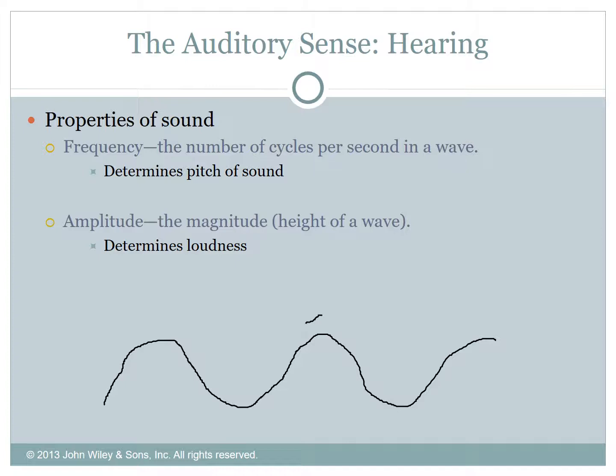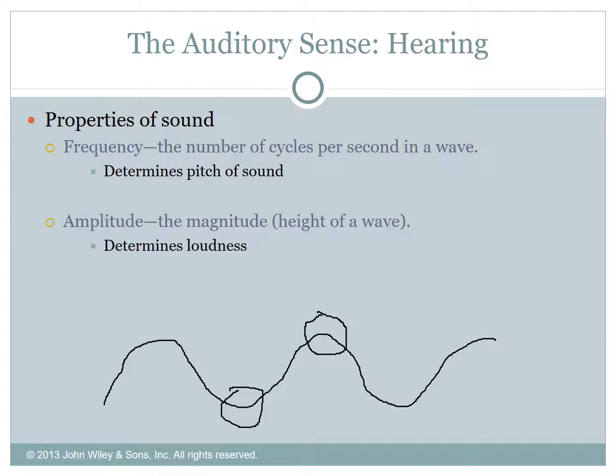If you were to describe this point, it would be a point where the molecules of air are pushed together, and this point is a place where the molecules of air are pulled apart. So sound isn't a wave of highs and lows, but a wave of high and low pressure. Okay? And that's important to consider.